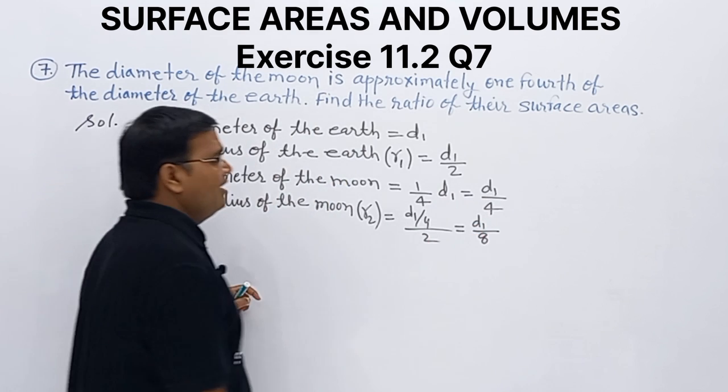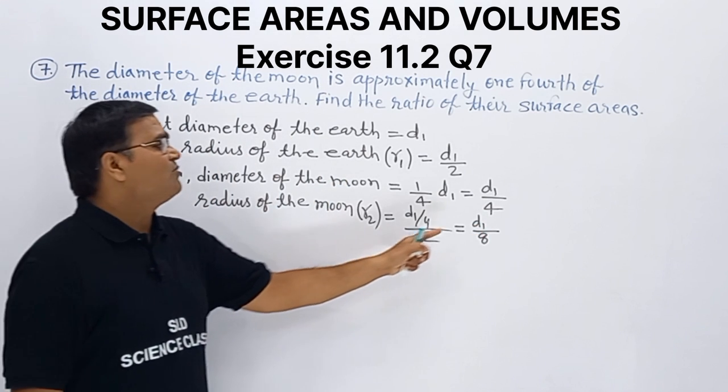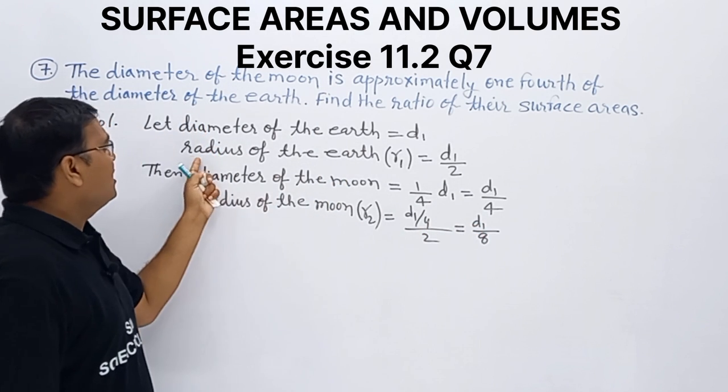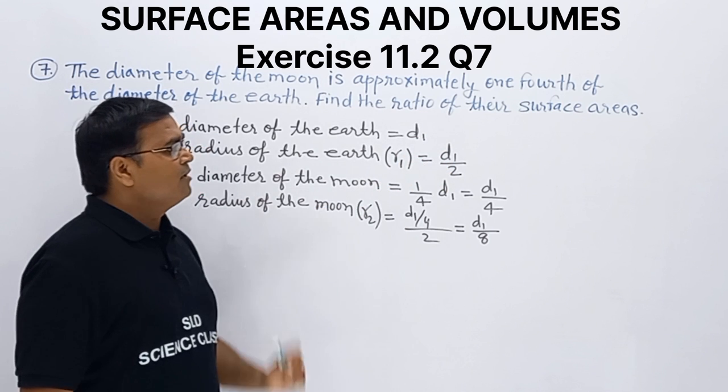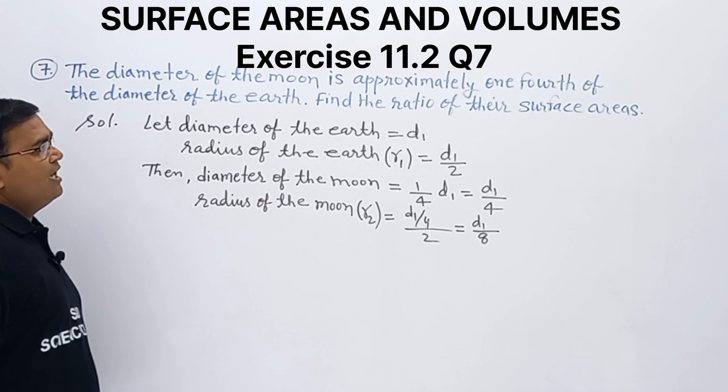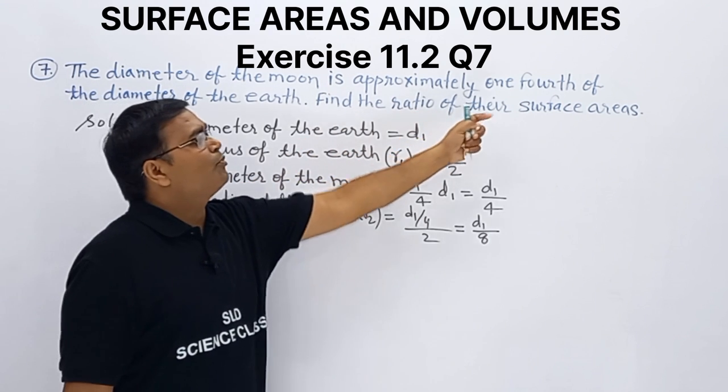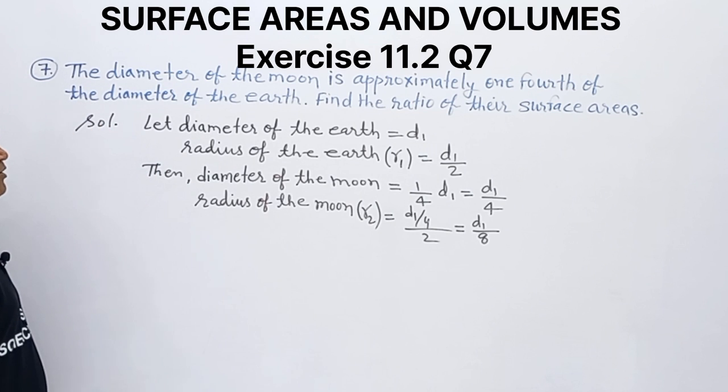So the radius of the moon is d1 by 8, and the radius of the earth is d1 by 2. Clear? Find the ratio of their surface areas. We require the ratio of the surface areas.